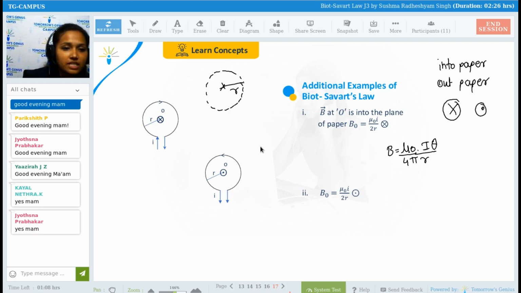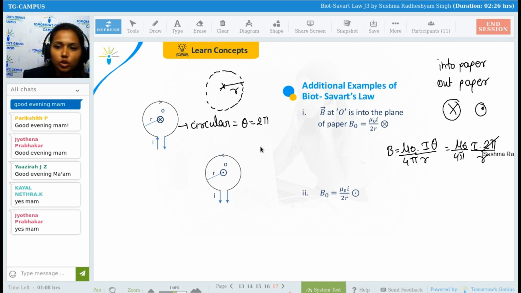Now this is a circular loop, my dear students. So what is theta? Theta is 2 pi. Put here mu naught over 4 pi r, I times theta. Instead of theta we put 2 pi. The pi gets cancelled, 2 and 2 get cancelled. We simply get B is equal to mu naught I over 2R.